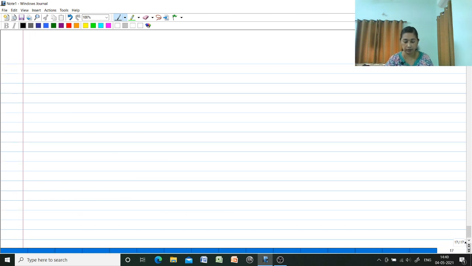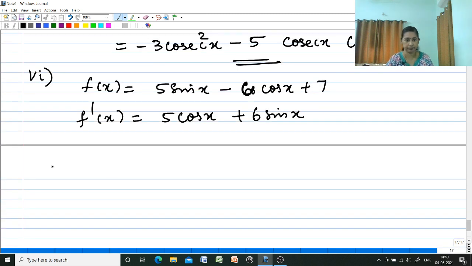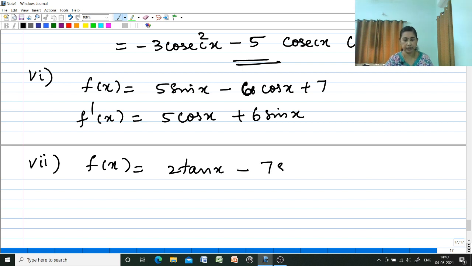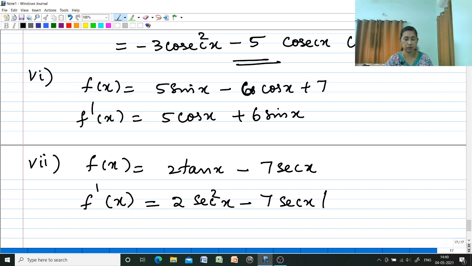Then question number 7, f of x equal to 2 tan x minus 7 sec x. So f dash x equal to 2 into derivative of tan x is sec square x, minus 7 sec x into tan x. Derivative of sec x is sec x tan x.